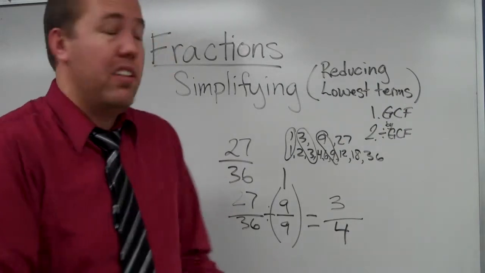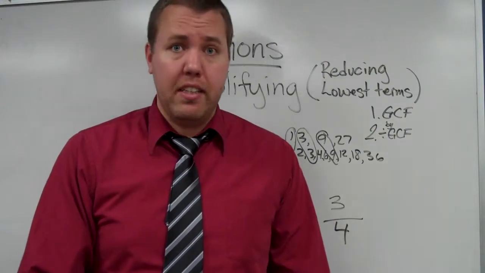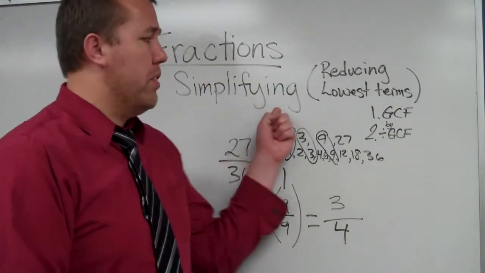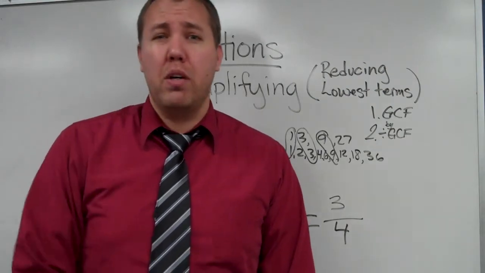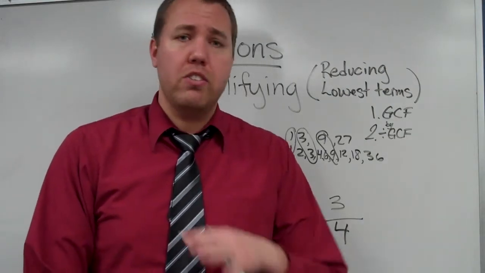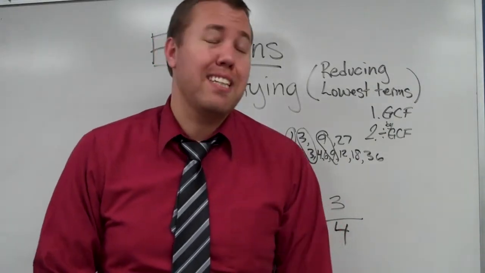So this lesson looks an awful lot like equivalent fractions because they're exactly the same thing. When we're simplifying, you just have a number and you have to know what to divide by. Equivalent fractions you can multiply by anything. 3/3, 17/17, it doesn't matter.